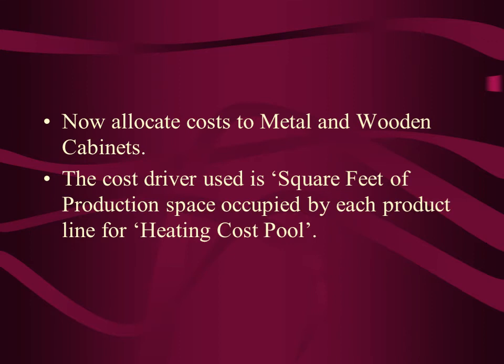So now the costs are allocated to metal cabinet and wooden cabinet. The cost driver in this case is square feet of production space occupied by each product line for the heating cost pool.